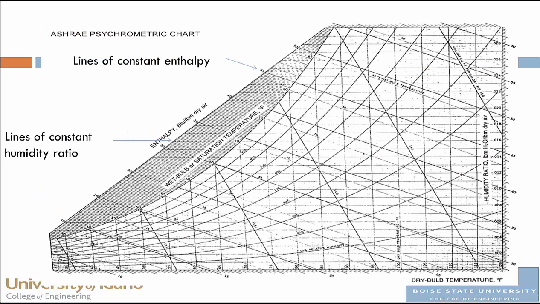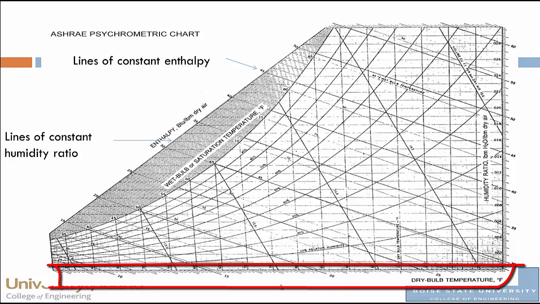Here's everybody's friend, the psychrometric chart, right? This shows the relationship between wet bulb temperature, dry bulb temperature, dew point temperature, and relative humidity. So all these things are out here. We can read dry bulb temperature along the bottom.